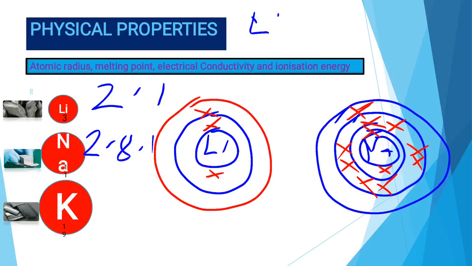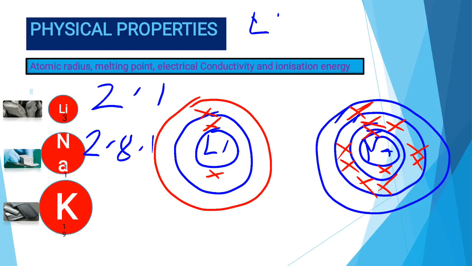So if you compare the 2 atoms, lithium has 2 occupied energy levels while sodium has 3 occupied energy levels. For that reason, the size of sodium is bigger than that of lithium.